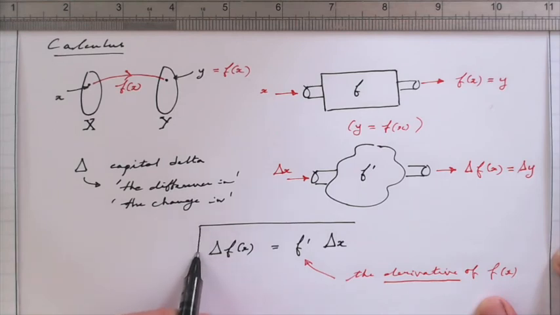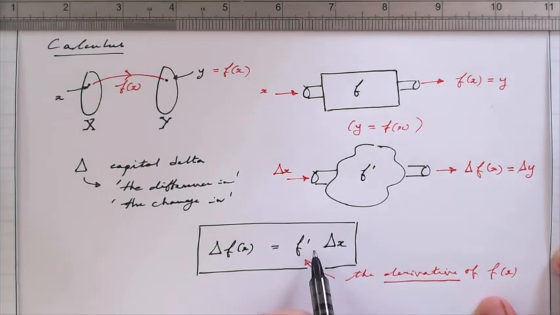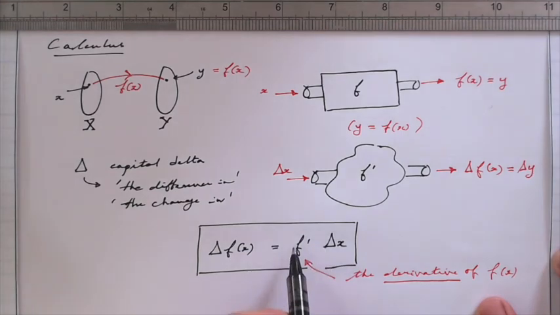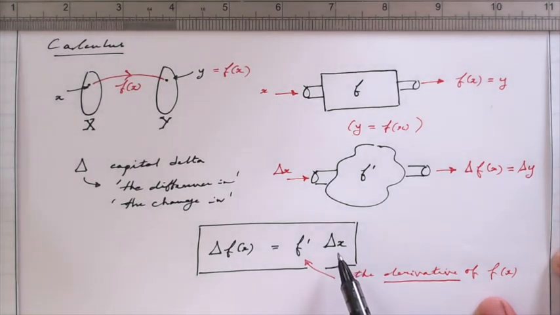And much of calculus, as you'll see as we go forward, is essentially around calculating for a given function or for a given problem what this derivative is. Because if you can calculate that, then you can relate, as I've said a number of times, change in an input to change in an output.